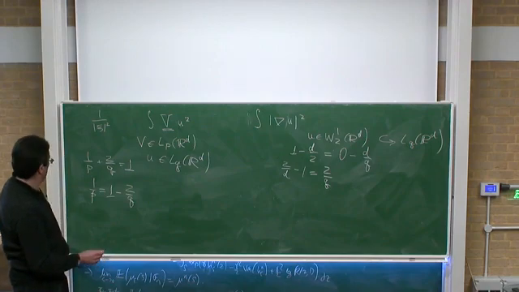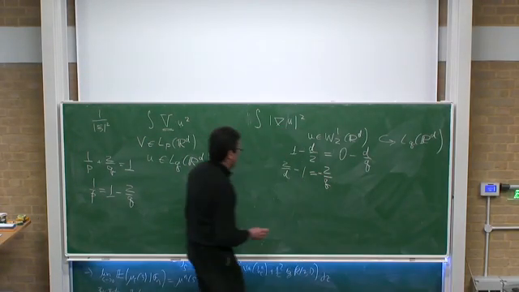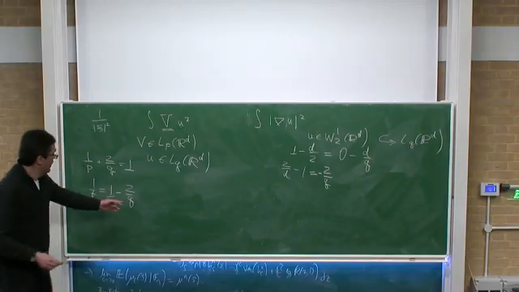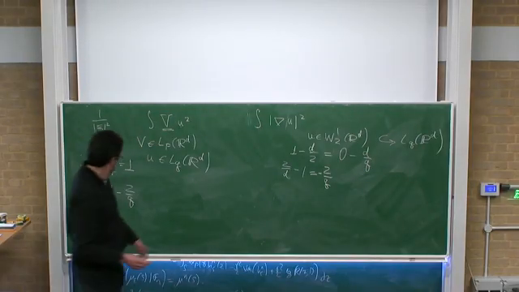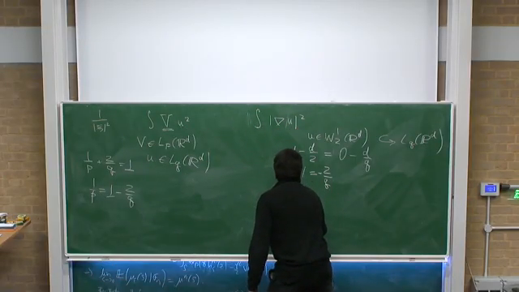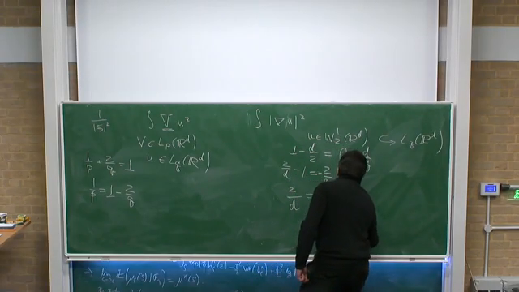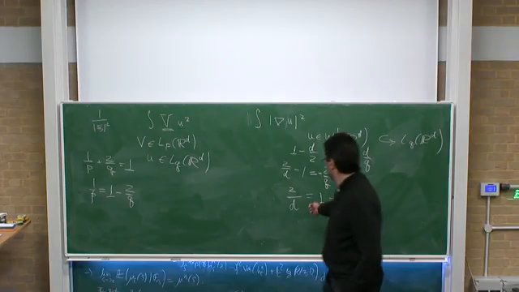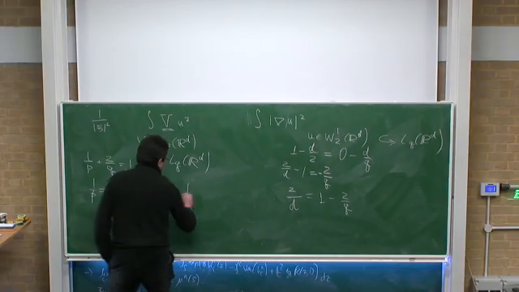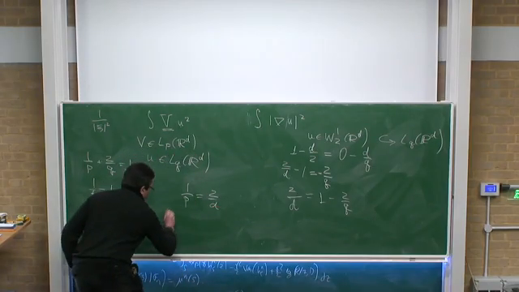Am I doing this right? Minus, yeah. Thank you. And then, 1 over 2 over q is what? So we have 2 over d is 1 minus 2 over q. So from here we conclude that 1 over p is 2 over d, or in other words, p is d over 2.